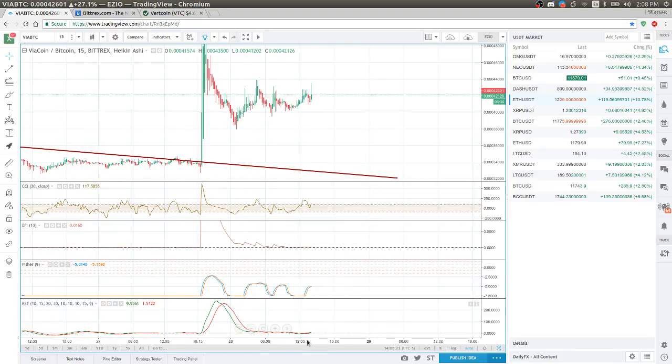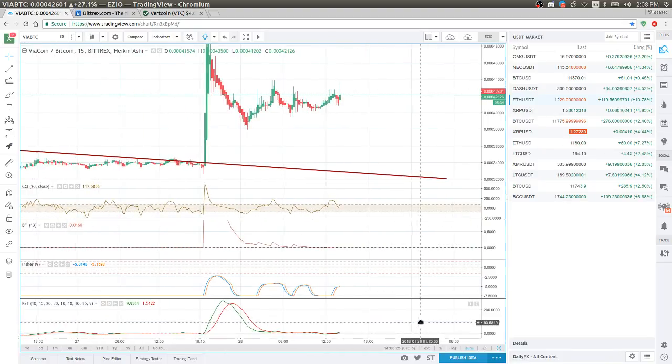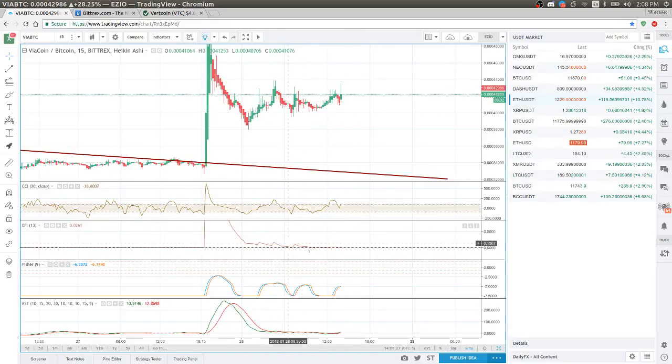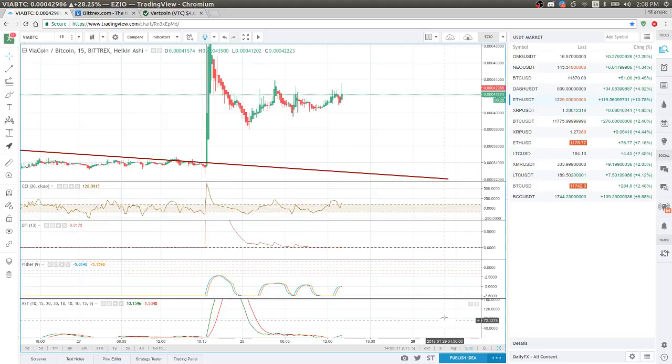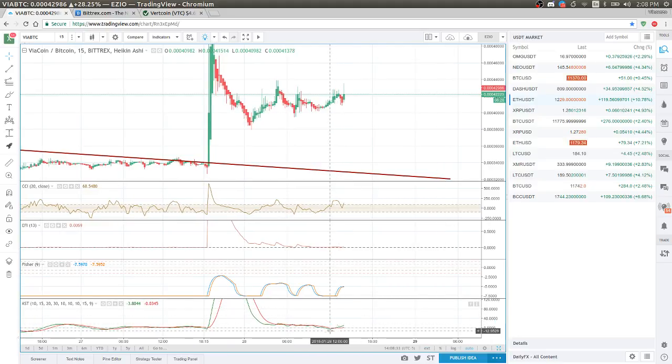This KST is doing something very similar to EFI. And it's probably when the green crosses the red that the buy happens, and in this case too, the green crosses the red. So this is curving up, probably can break.